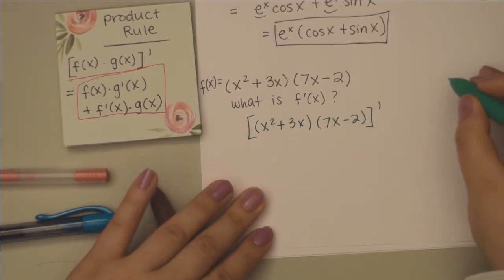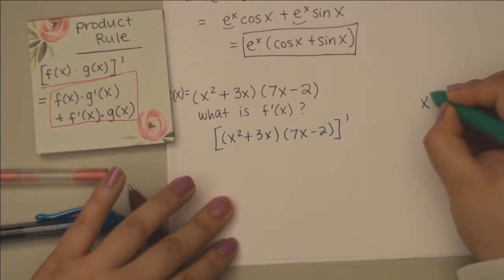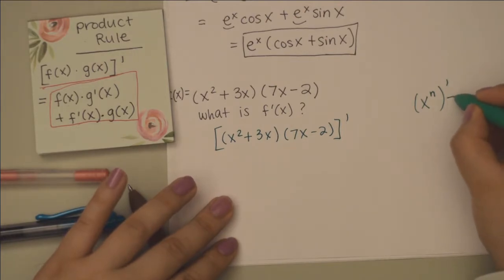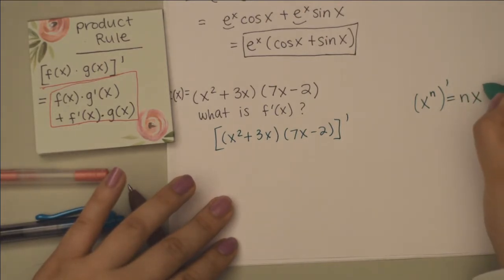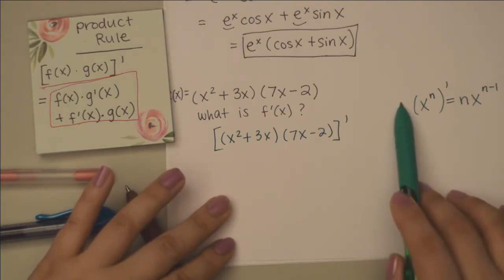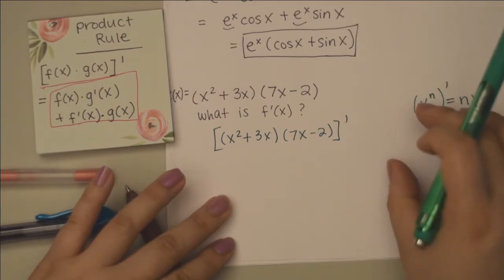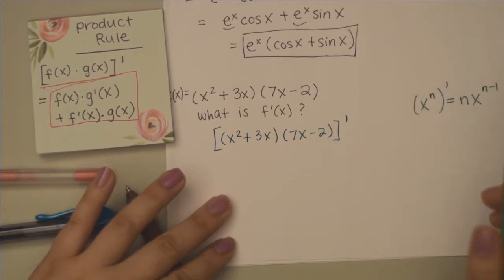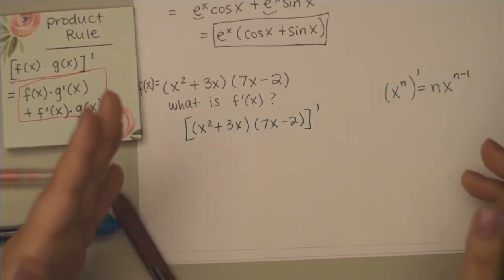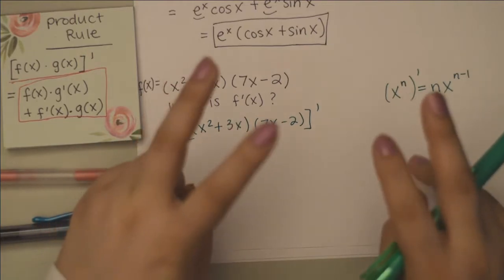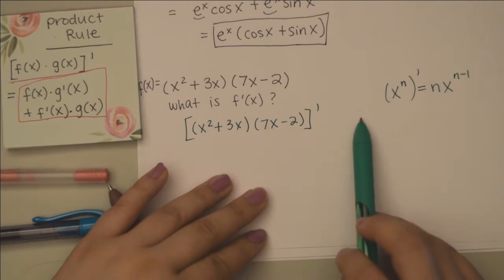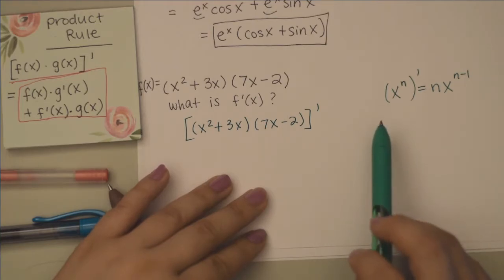That's just based on our power rule: x to the n has derivative n x to the n minus 1. Combining that with the fact that we can pull out constant coefficients lets us combine those rules and also distribute the derivative when you have a sum, so adding or subtracting.